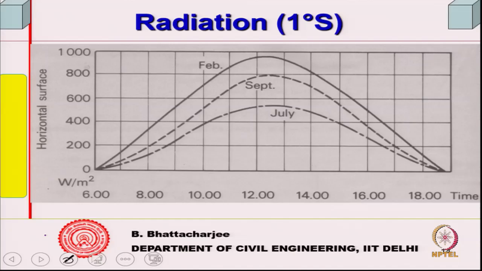So, let us say this is radiation on a surface at 1 degree south latitude, in the month of July, in watt per meter square, because July will actually be winter in the southern hemisphere. Now, I will change it to northern. This is of course September, this is February, this is the summer, right.